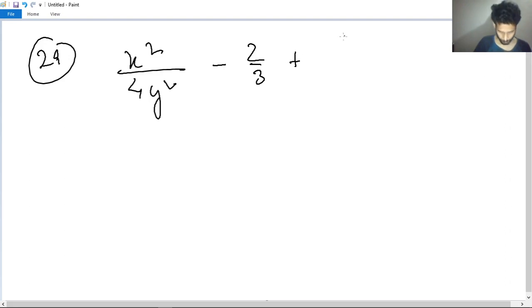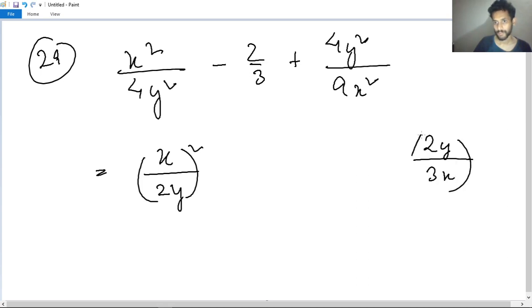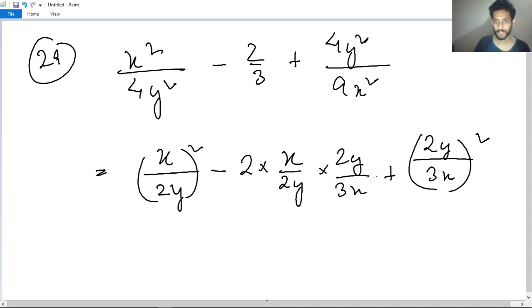Question 29. 4y square by 9x square minus 2 plus 9x square by 4y square. So here first of all this part will be (2y by 3x) whole square, this will be (3x by 2y) whole square, and the middle part will be minus 2 into 2y by 3x into 3x by 2y.